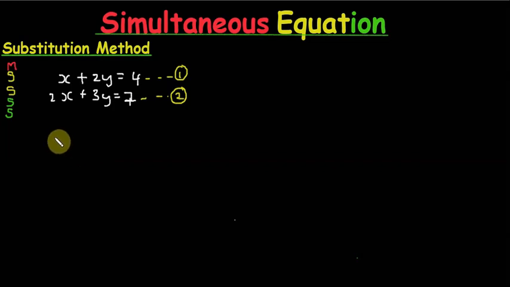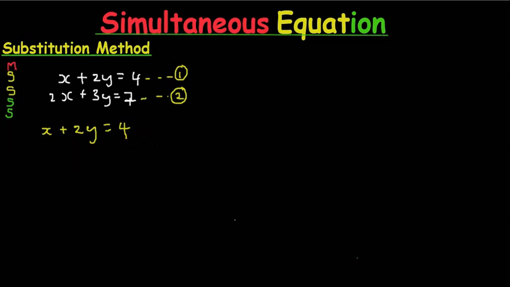So I make X the subject. I would like X to stand alone. But we have an intruder here, 2y. So in order for X to stand alone, I will write the first equation here. I subtract 2y on both sides of the equation in order to balance the equation.